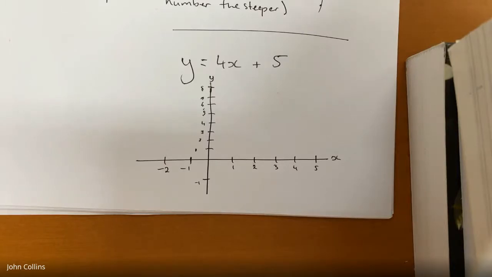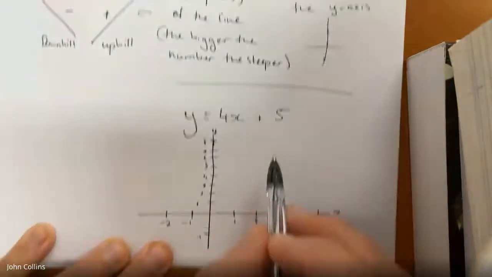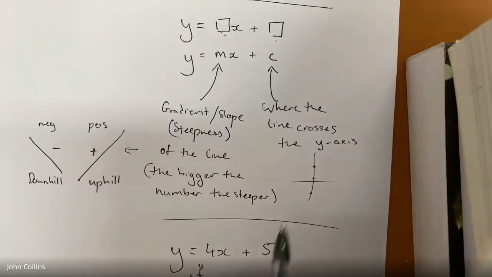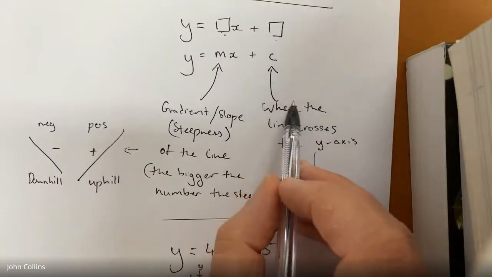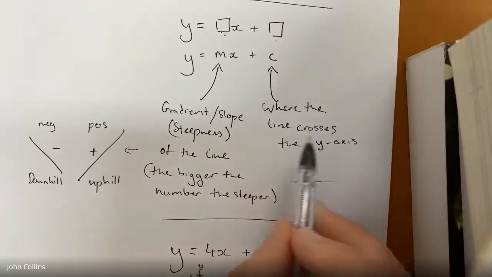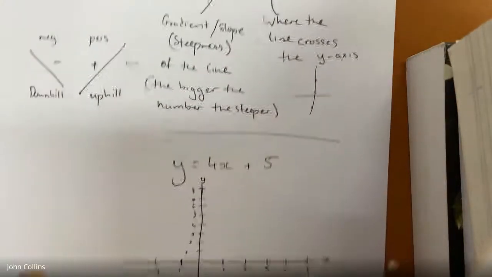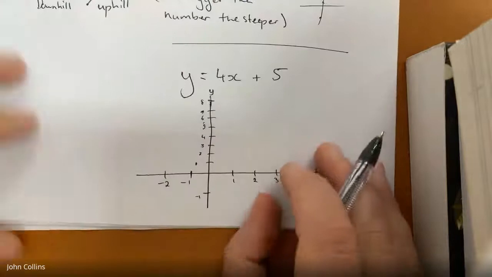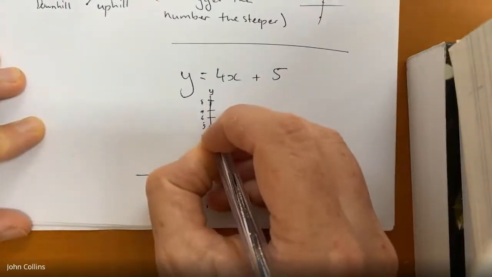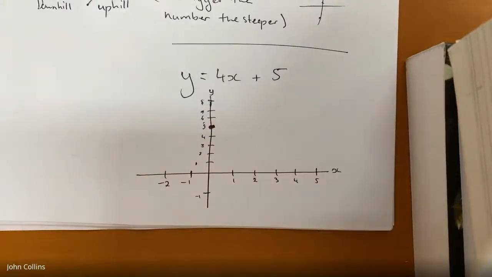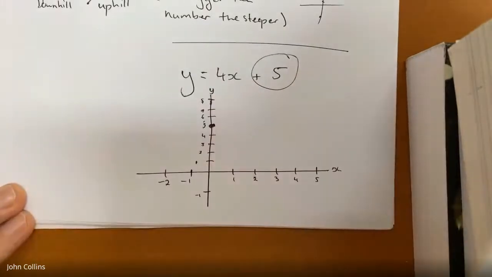Nobody knows. It is referring to, if we look at our notes, this last number where the line crosses the y-axis. So the line crosses the y-axis at 5. Thank you, Lily. Someone said it eventually. And Elan. So it crosses at 5. And that's that bit of information done.